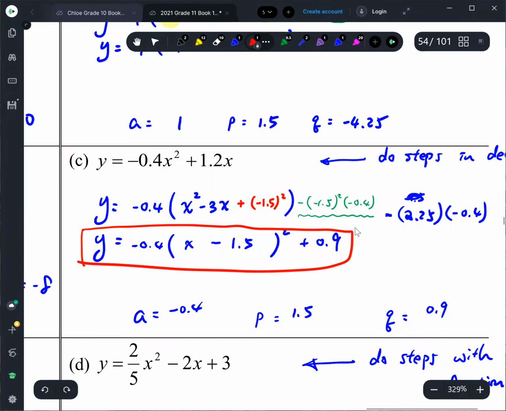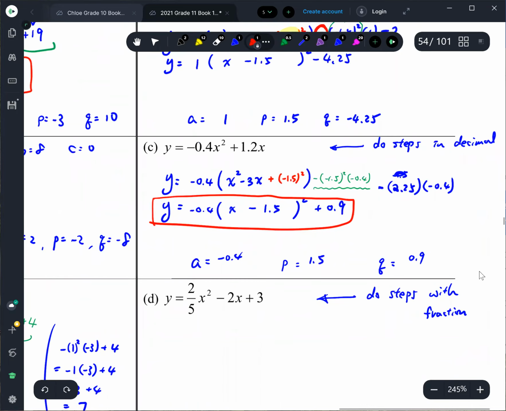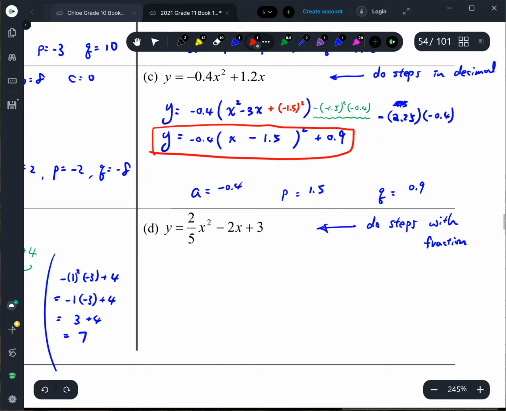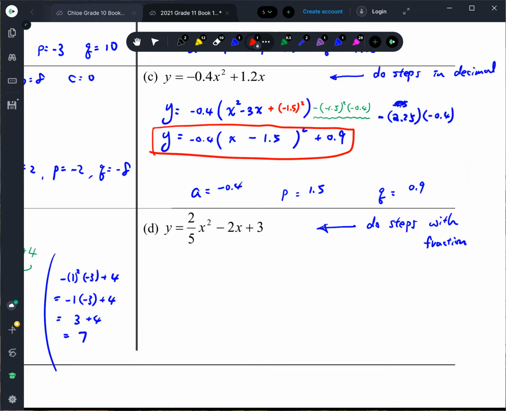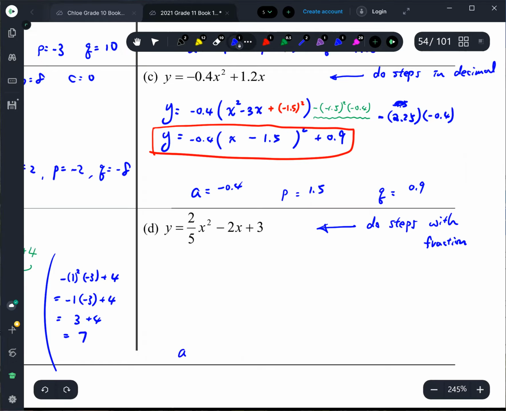Okay, next one is the one with fractions. So you've got to keep everything in fractions. Do not turn the 2/5 into decimals. So your answer for the A, P, Q, you should have fractions.